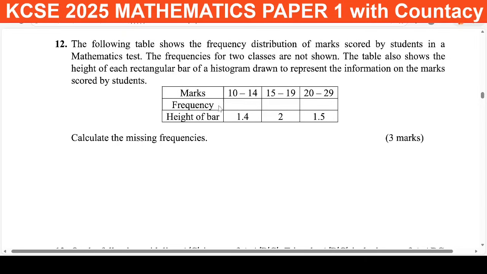One thing you're supposed to know is how to calculate the frequency. This one is what we call a histogram, and it has rectangular bars. A rectangular bar is something that looks like this.